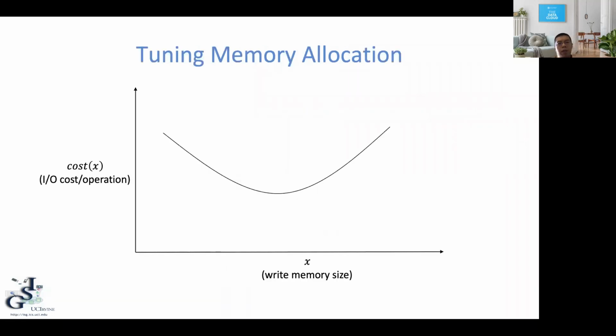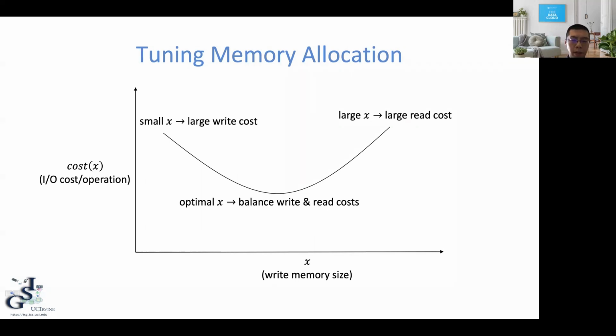Here I want to give you some basic idea of how the memory tuning is done. Suppose this is the cost function with different write memory sizes. Intuitively, if you allocate a very small write memory, you will have a large I/O cost because you're going to do a lot of merges. And if you allocate a lot of write memory, it also has a large I/O cost because you're going to have a lot of cache misses or a lot of reads.